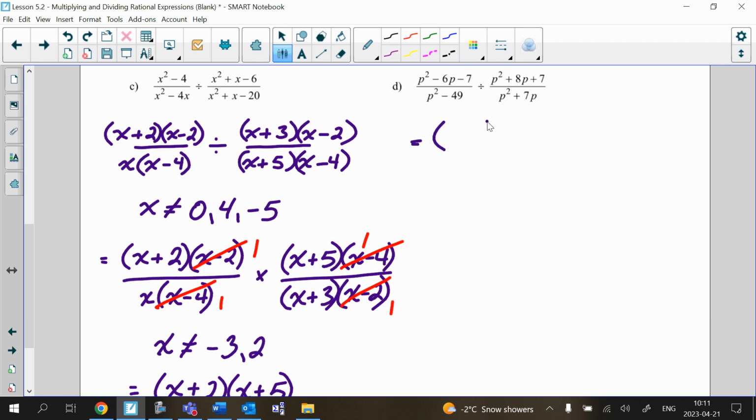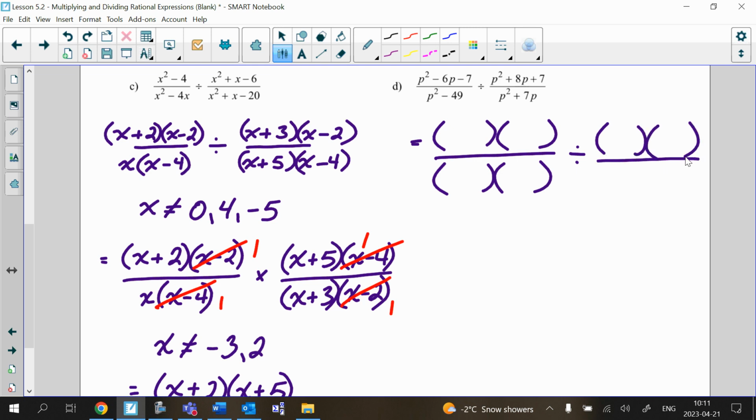First denominator? P plus 7, P minus 7. Second numerator, plus 7 plus 1. And this is a GCF, so I can take out a P and be left with P plus 7.